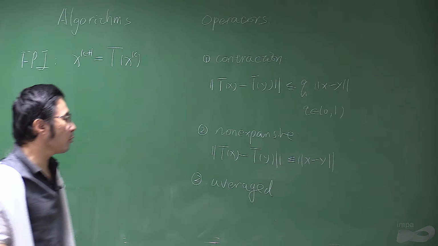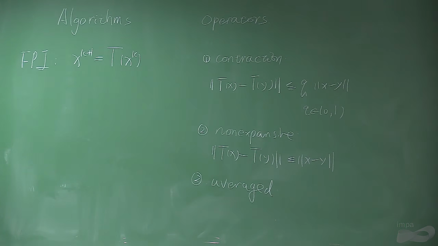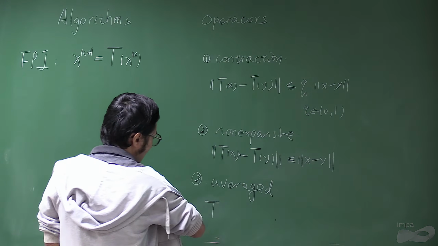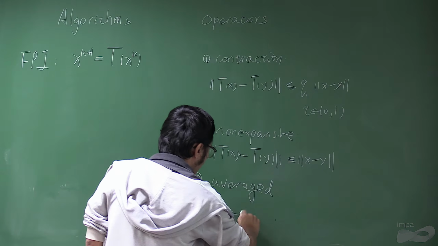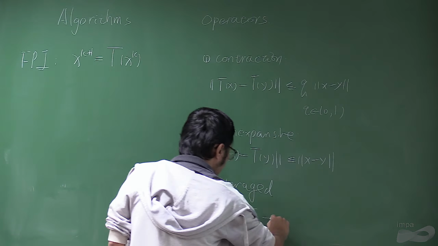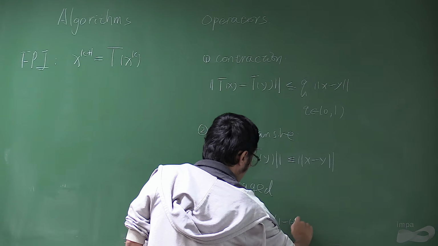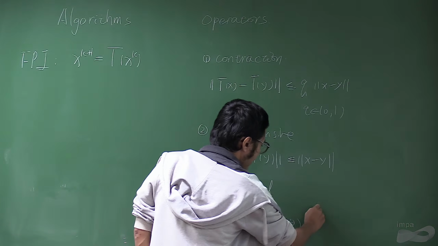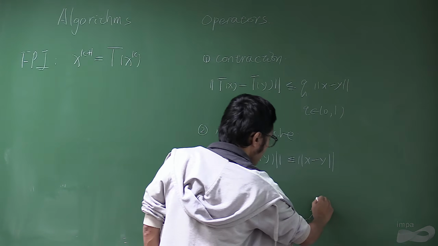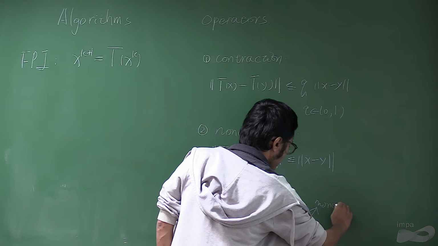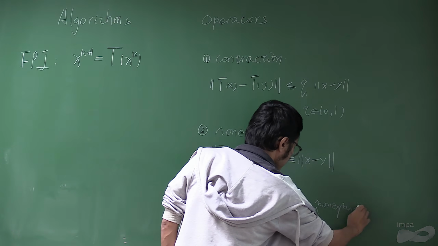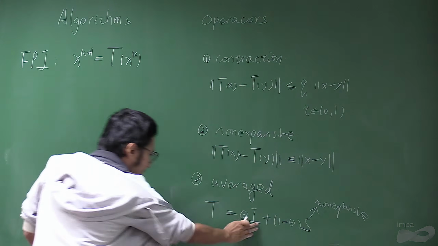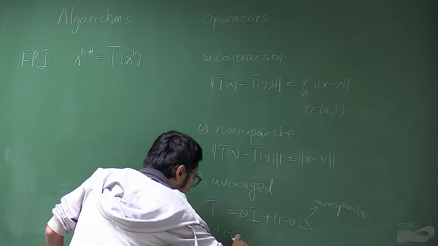What does the averaged operator look like? If T is averaged, we say that it can be written as a convex combination of the identity operator and some operator S, and here S is a non-expansive operator, and the parameter theta belongs to (0, 1).